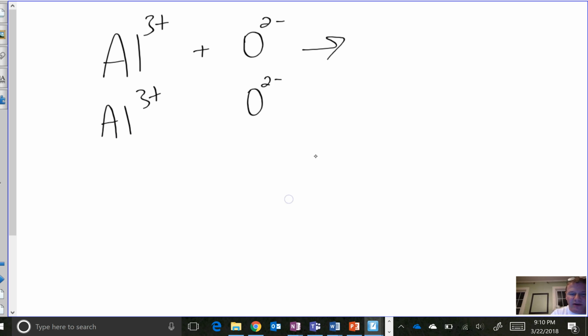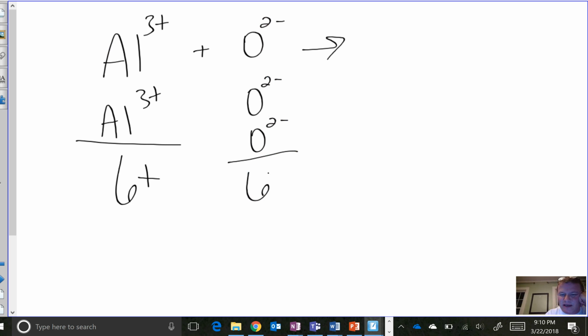Okay, so now I've got an overall charge of positive 6. So now I've got to have a negative 6 in order to balance out that positive 6. So if I had 3 oxide ions, now 2, 4, 6, I've got negative 6 in my oxides, positive 6 in my aluminums, and now that cancels out.